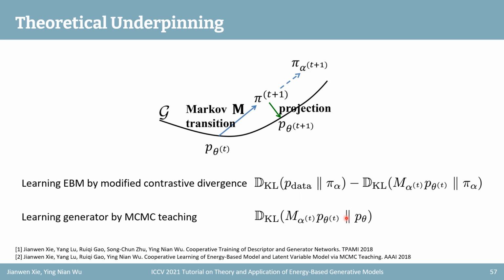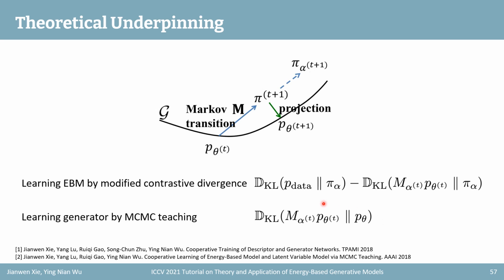But here, we run a finite step MCMC where we use this M to denote the transition kernel from the examples generated by the generator model instead of from the observed examples. So basically, we use the generator model to jumpstart the MCMC, or to amortize the MCMC sampling for the EBM.